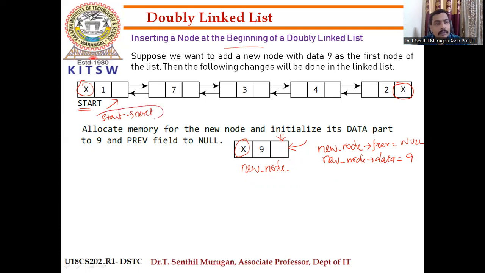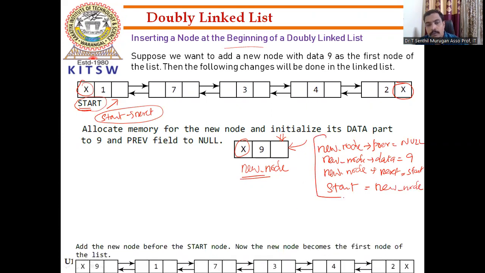Before inserting, whatever the start pointer points to, the new node of next portion will be the start pointer. Finally, this node will be the start pointer, so start equals new node. These four steps we are going to do now.